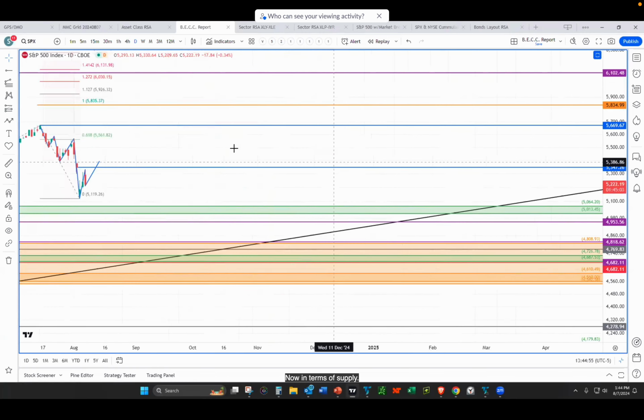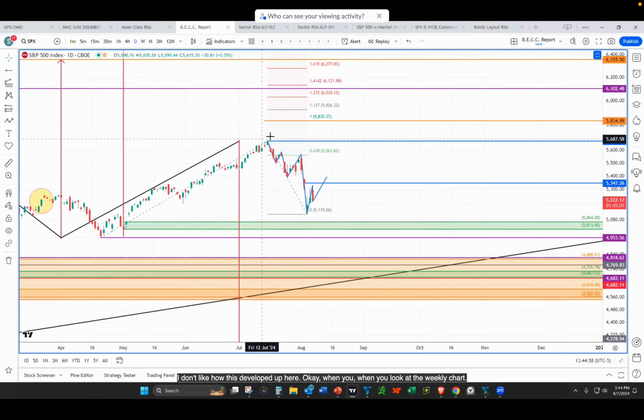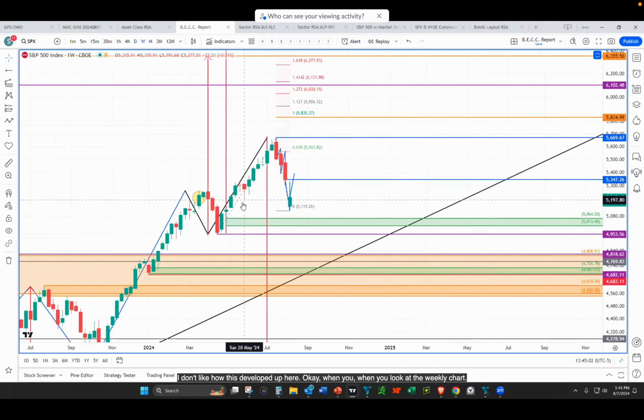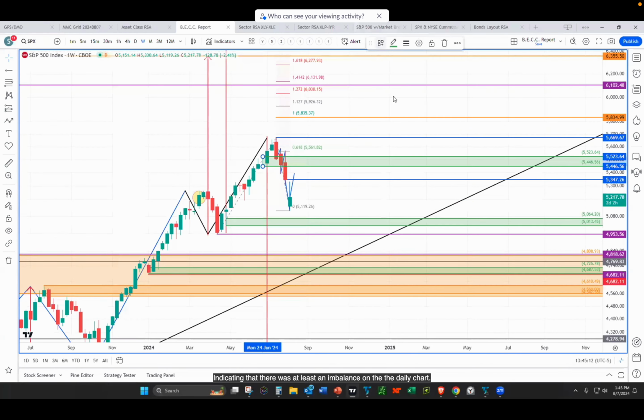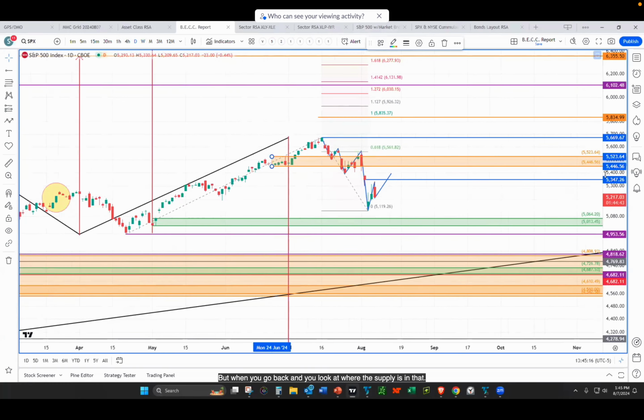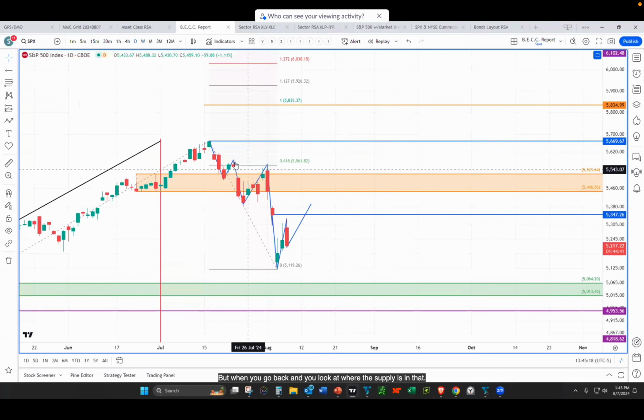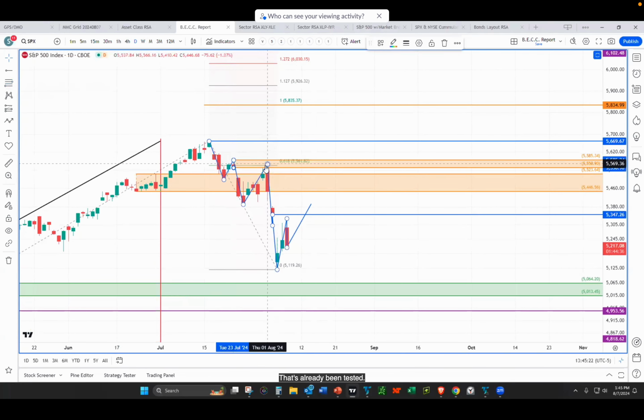Now, in terms of supply, I don't like how this developed up here. Okay. When you look at the weekly chart, we have yet to close down below this basing area here. We do have a basing area that we closed below here, indicating that there was at least an imbalance on the daily chart. But when you go back and you look at where the supply is in that, you have a little zone right here that's already been tested.